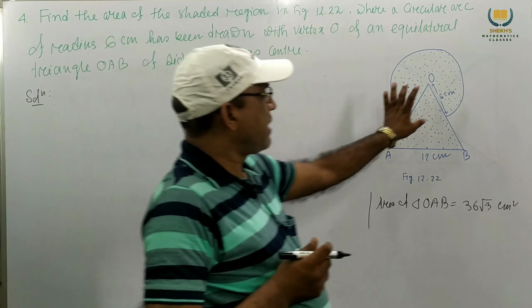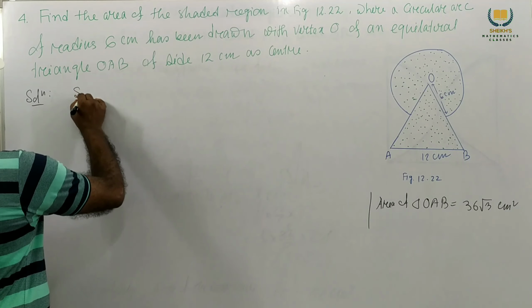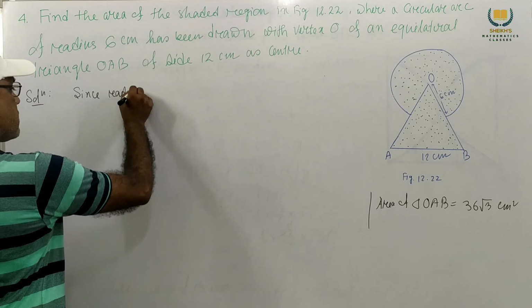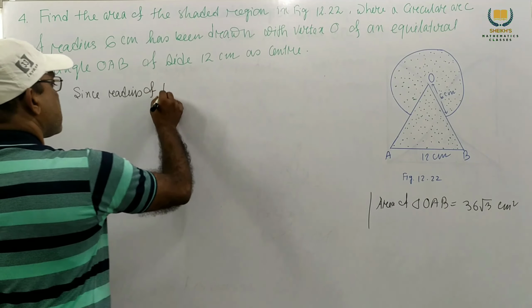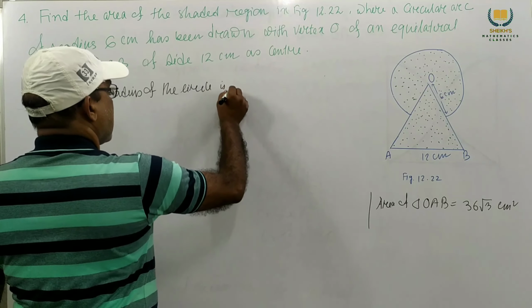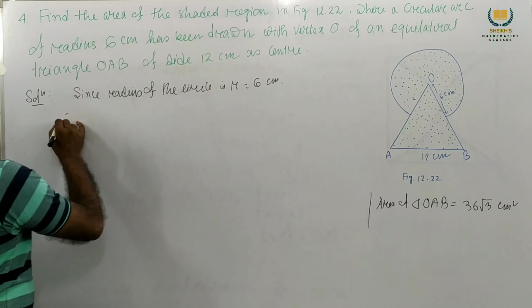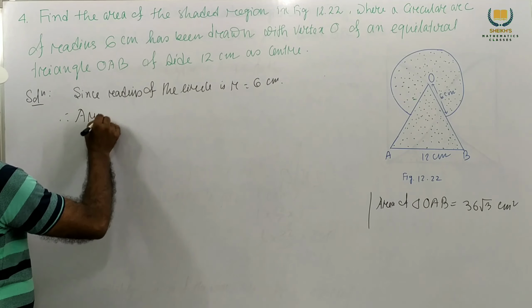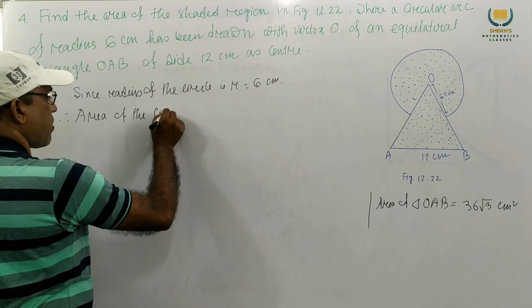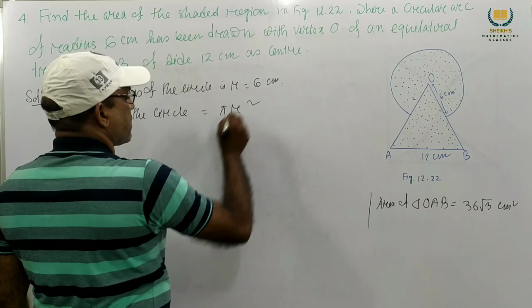Since the radius of the circle is 6 centimeter, r equal to 6 centimeter, therefore the area of the circle equals pi r square.